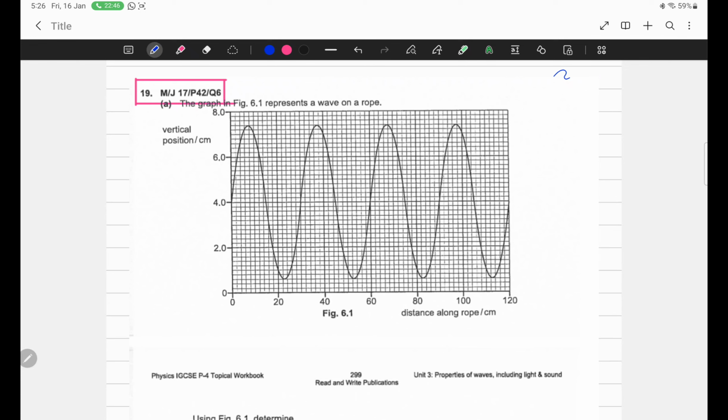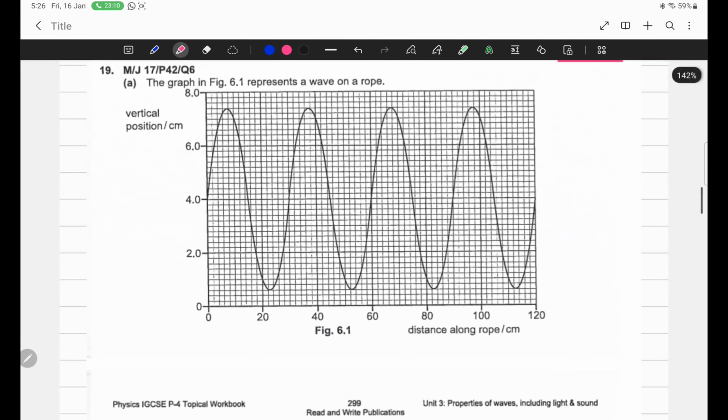The paper code of this class is 0625. For Ammar and Arisha, it is 5054. But the main theory is the same, okay? But right now we are dealing with this question from the 0625 paper code.